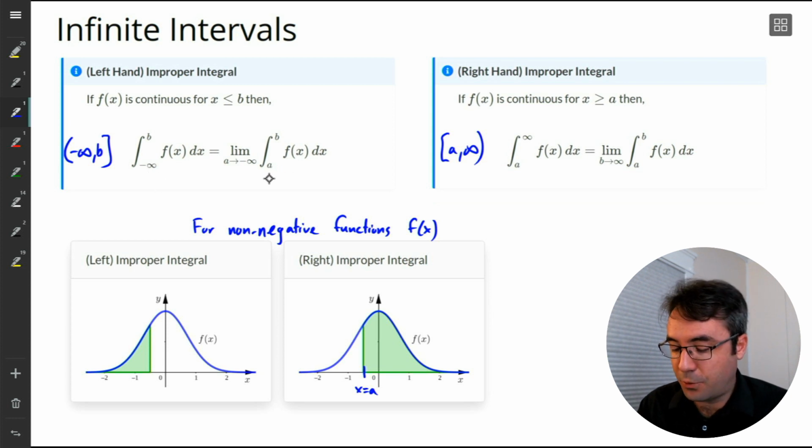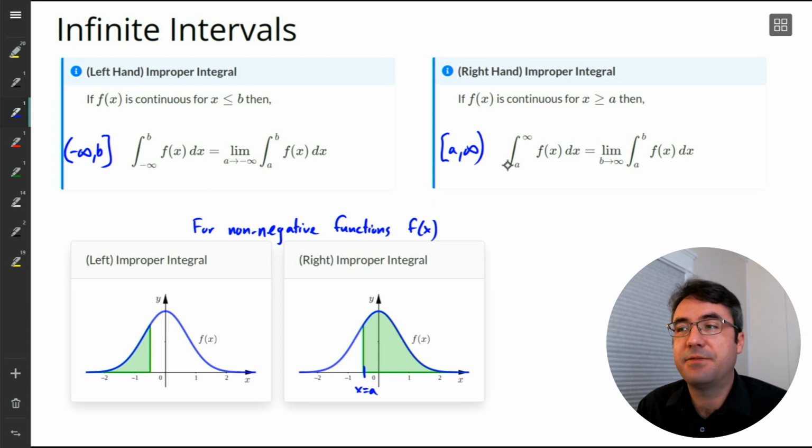So we have to break this up into really two separate things. It's going to be the definite integral, just a regular definite integral from a to b of f of x dx. But then we need to let that lower limit, a, get larger and larger negative. So a is going to approach minus infinity. So this is the definition.